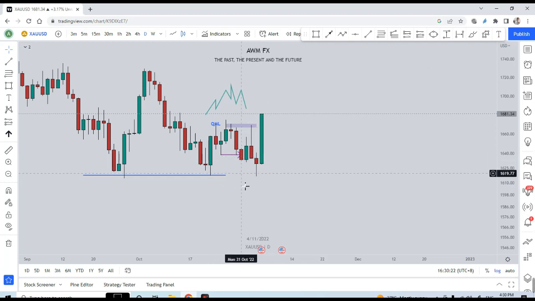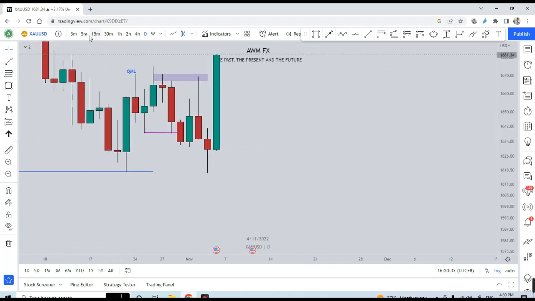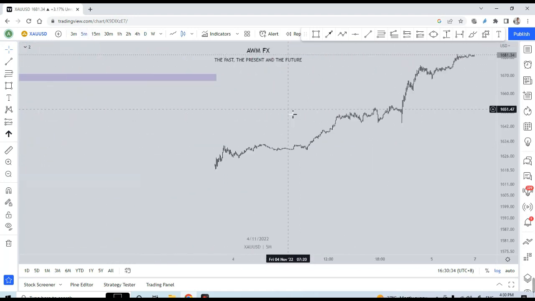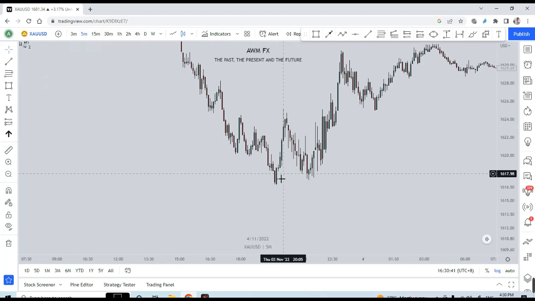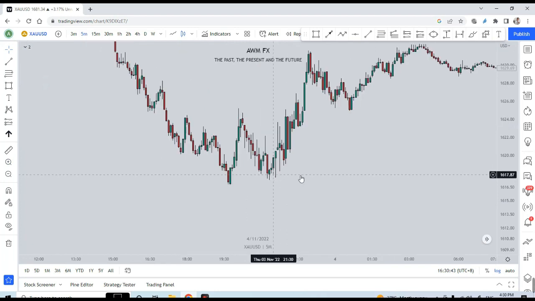Coincidentally, not me of course, one of the students in my mentorship did post this setup. The setup is very simple, on the 5 minutes. It was very early, a day before the news, when he spotted this setup right here, a QML buy.